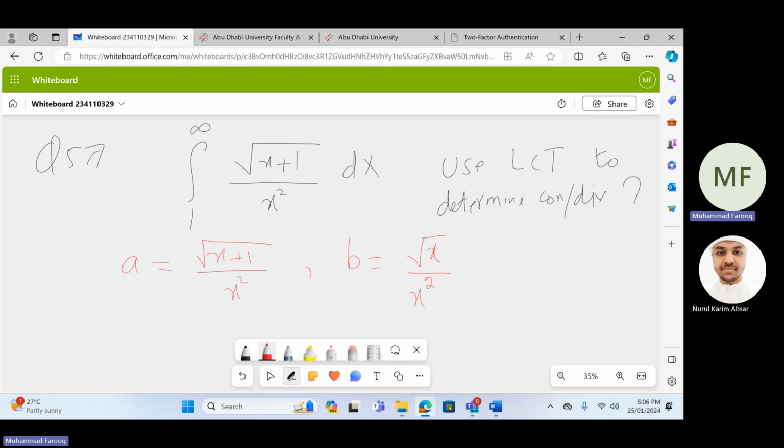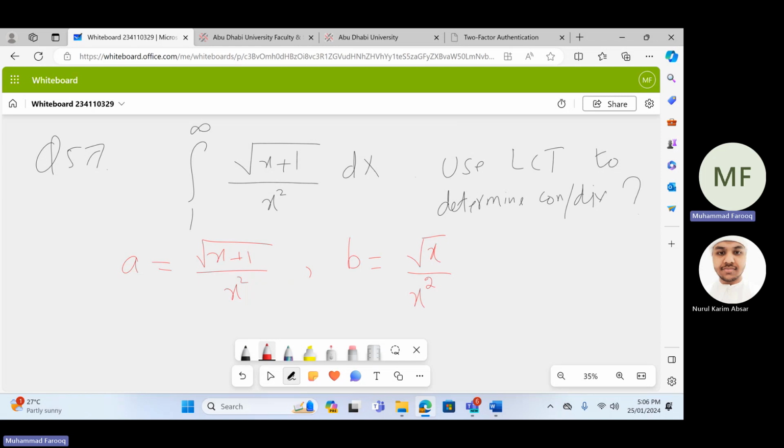Why did we choose the square root of x? Because x is going very, very large, so 1 has no value in front of x. It's insignificant. Whenever you generate the second function, first of all check in the numerator what is there.